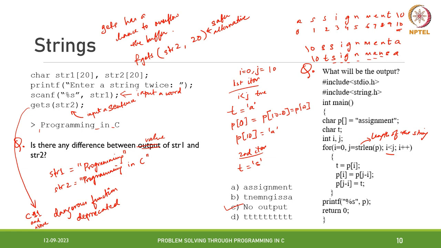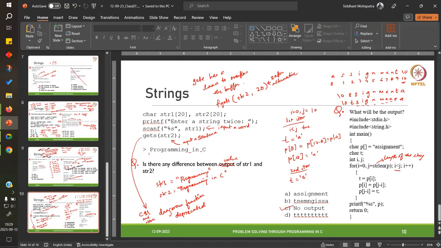There is this buffer where your input temporarily gets stored and then it goes to the variable. If that buffer is not able to handle the size of the input you are giving, there will be a buffer overflow. That is a possibility with the gets function, so that is why we prefer using fgets over gets.